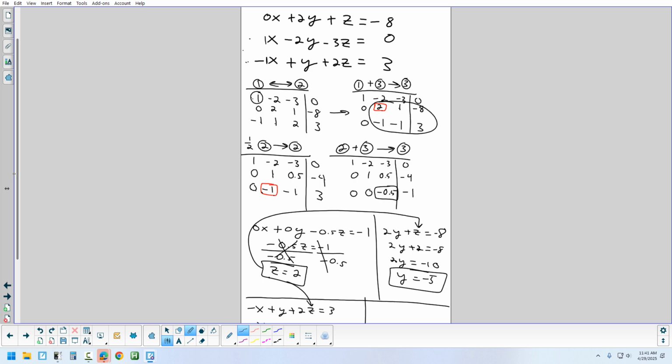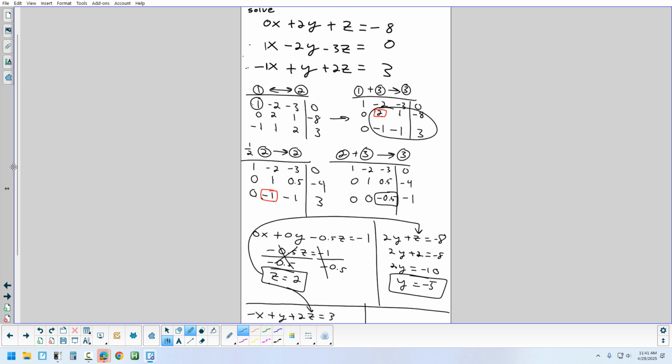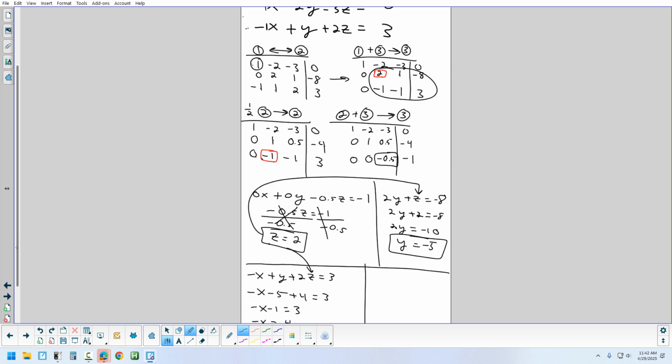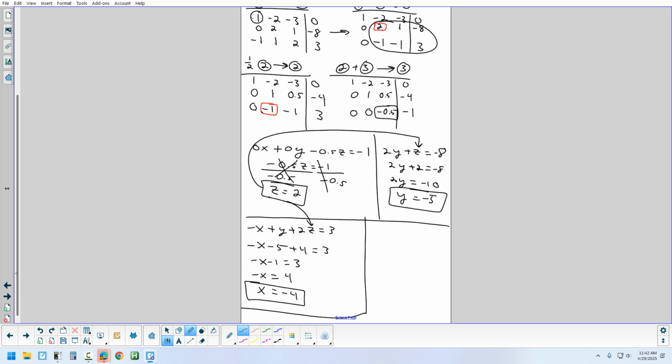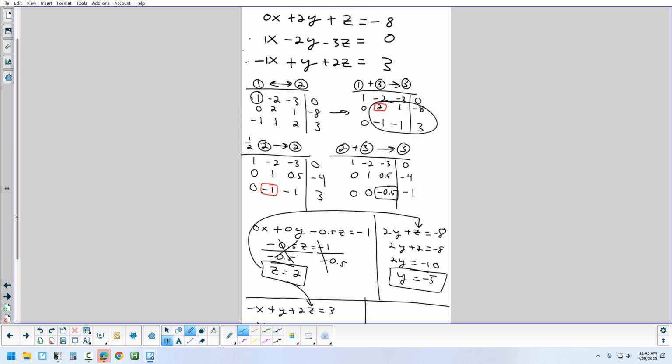So using a matrix, it is just less writing. It takes a little bit to get used to the steps, but it's less writing than having to put the x's, the y's, the z's, and all the equal signs. There are different ways you can solve it.